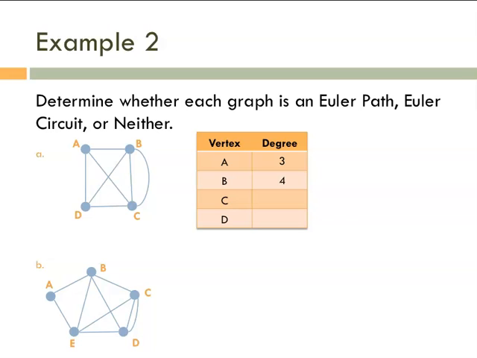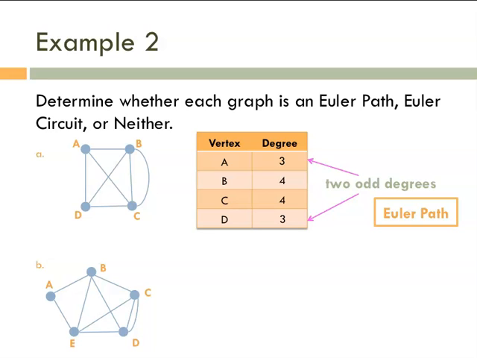C also has 4, and D has 3. Now because we have 2 odd degrees, this definitely can't be an Euler circuit, because they would all have to be even. But this does have an Euler path, because there are only 2 odd degrees, no more than that.